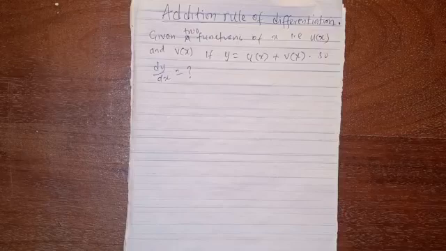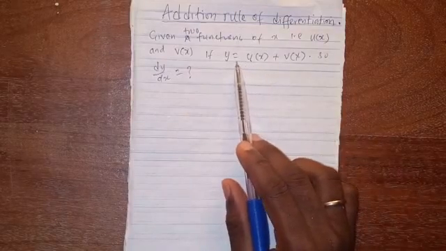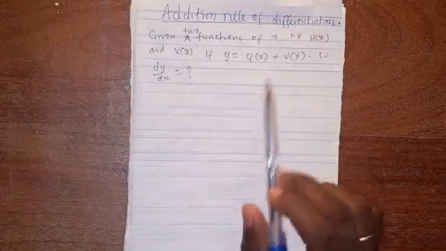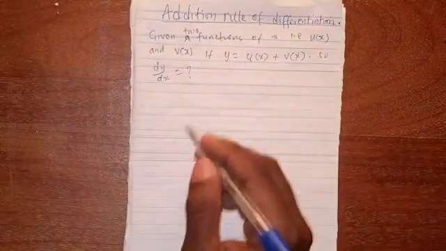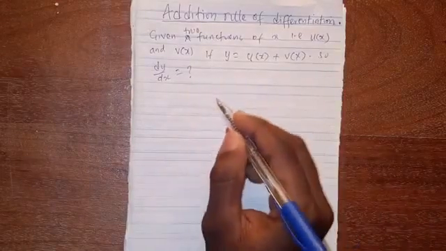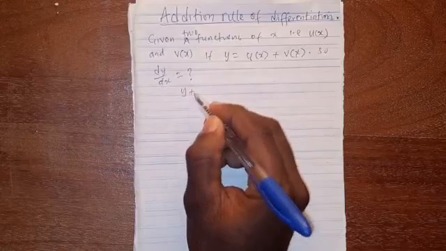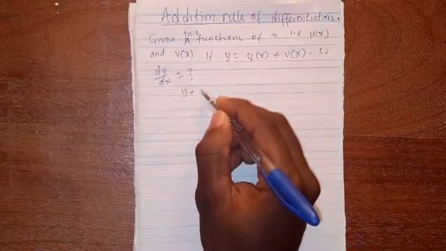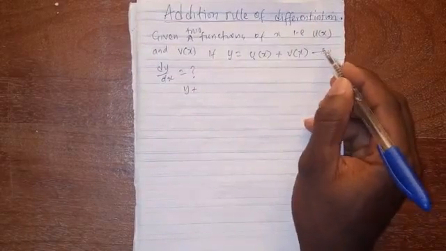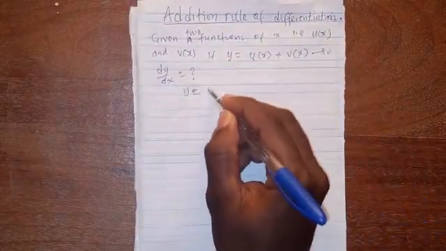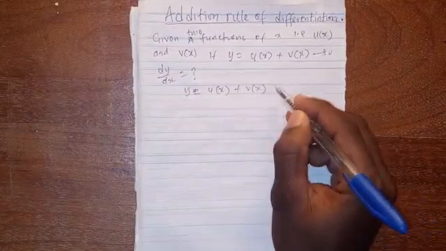So how are we going to do that? We try to differentiate this function with respect to x. Let's make this equation 1, that is y equals u of x plus v of x.